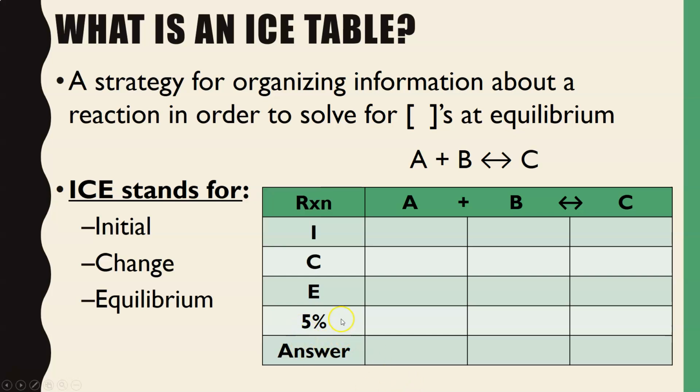I like making a row that says 5%, and I like a row that has the actual final answer in it. A lot of teachers don't put these last two rows, they just do the first three. So you can see it's called an ICE table because of those abbreviations we use. And because we always write the reaction at the top, sometimes people call it the rice table, okay?